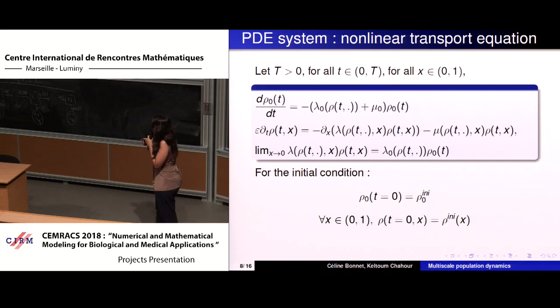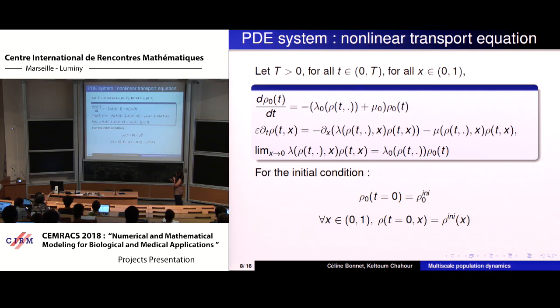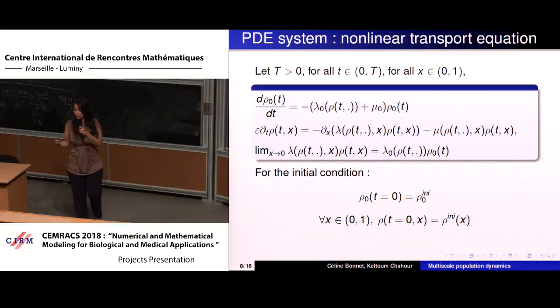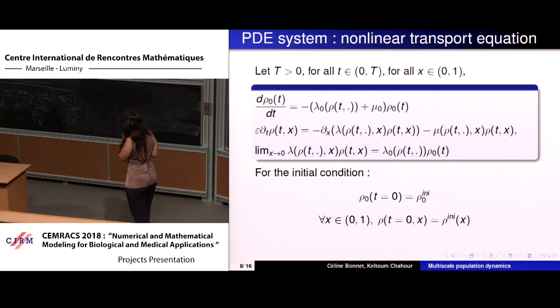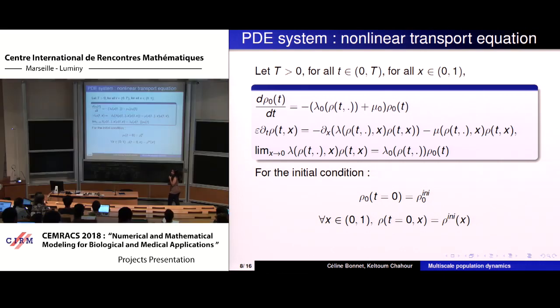And for the dynamics of the growing follicles, we see the epsilon just before the time derivative of the density of the growing follicles, and then we see that the transport term of our equation is due to the growth dynamics of the follicles. Something we add is a boundary condition, and in fact we just chose a continuous flux at the boundary.